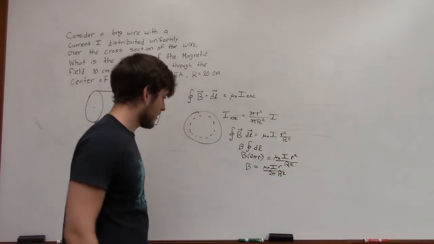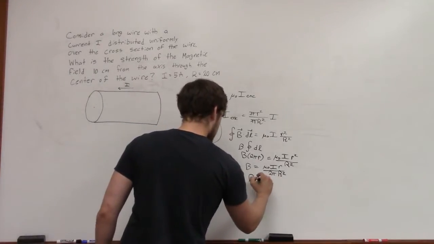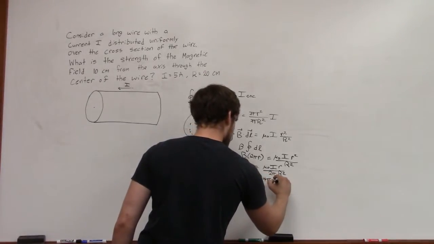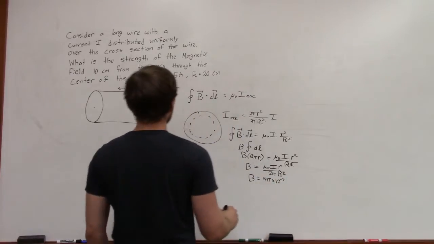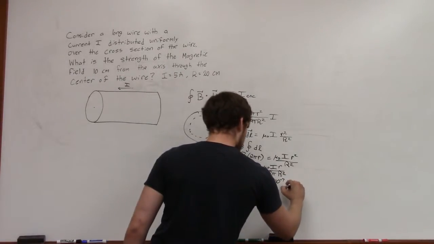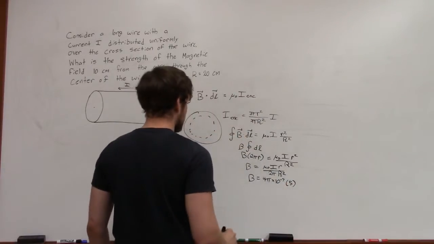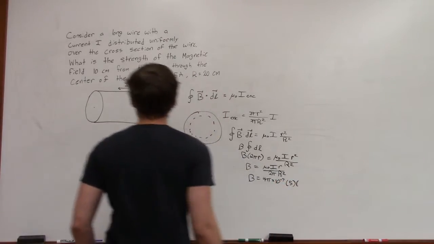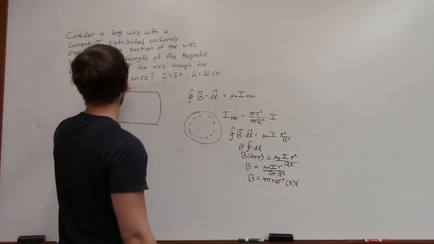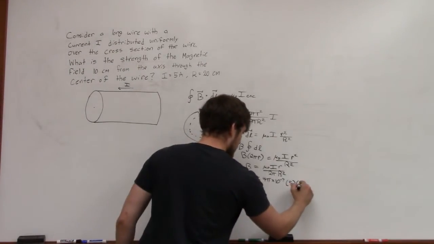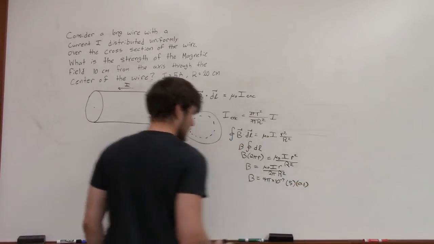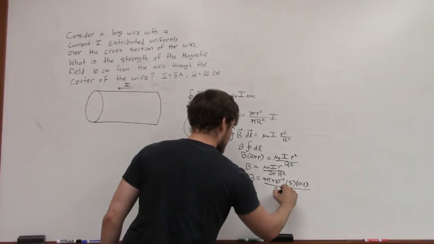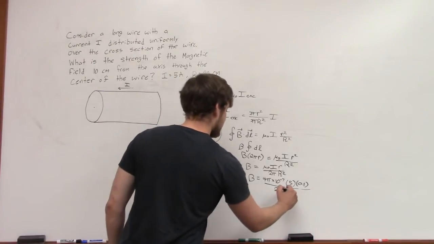So now we can plug in our numbers, and so we have mu naught is 4 pi times 10 to the minus 7 times our current, which is 5 amps, times the radius of our Amperian loop, which is, we're trying to find the magnetic field at a point 10 centimeters, which is going to be 0.1 meter, divided by 2 times pi times big R squared.